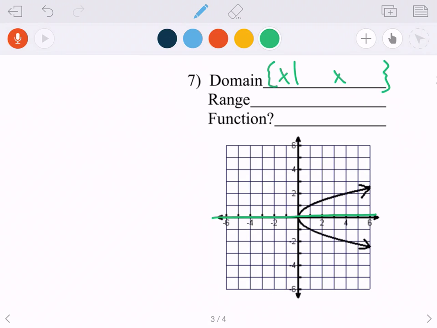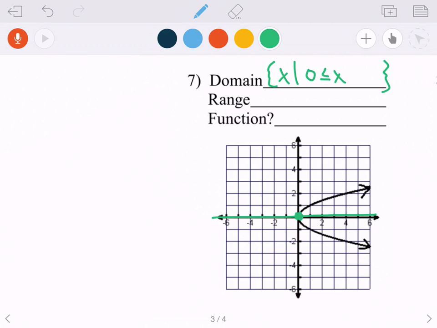So we are looking at the x-axis, and there is nothing to the left of that point right there that I just drew. And that point is at the origin, which is x equals 0. So x has to be greater than or equal to 0. 0 is the furthest left point.